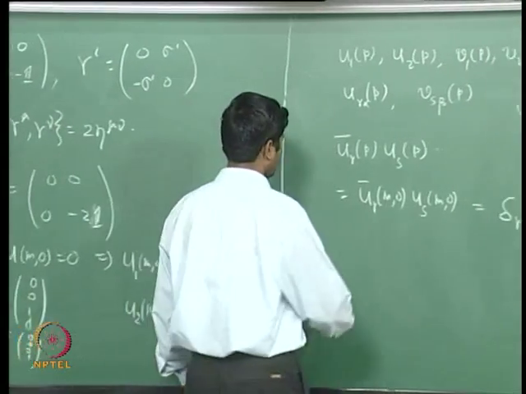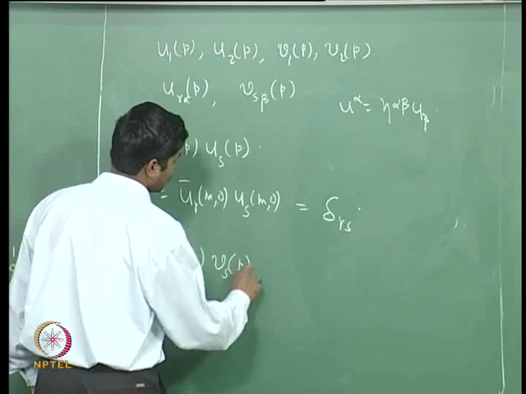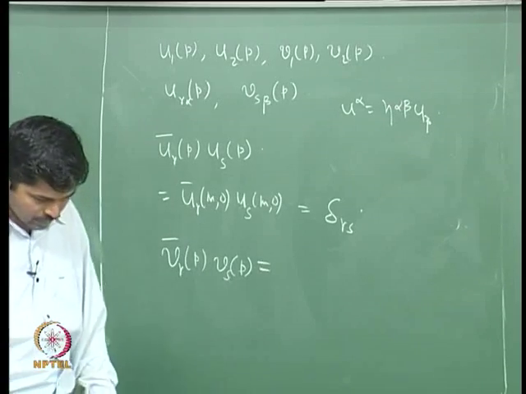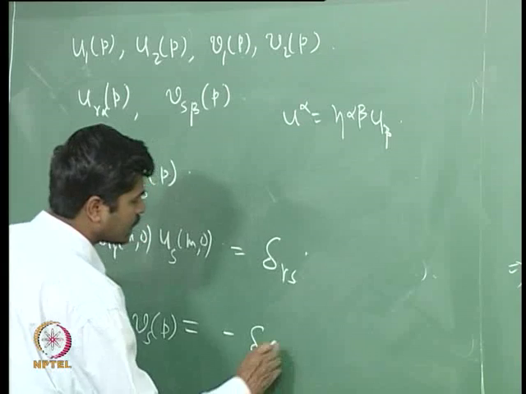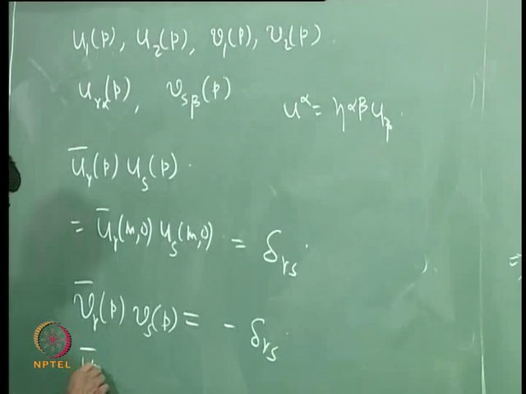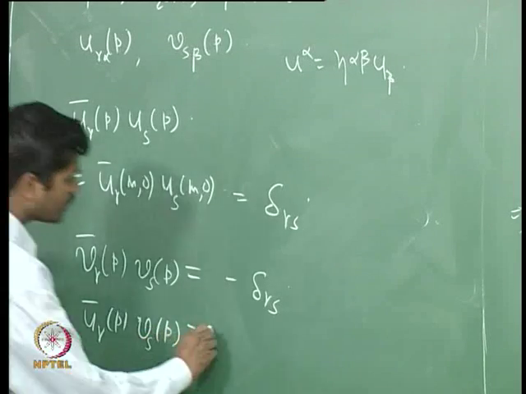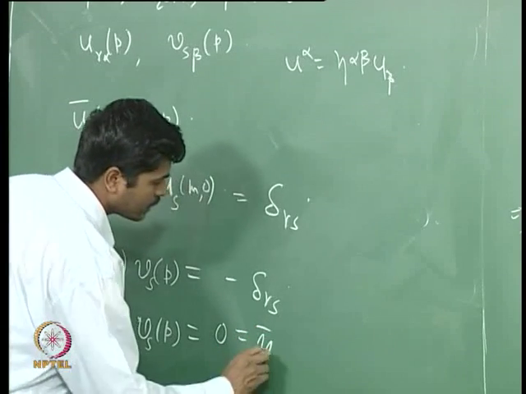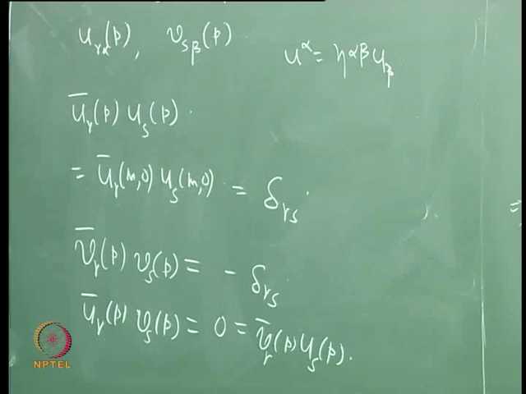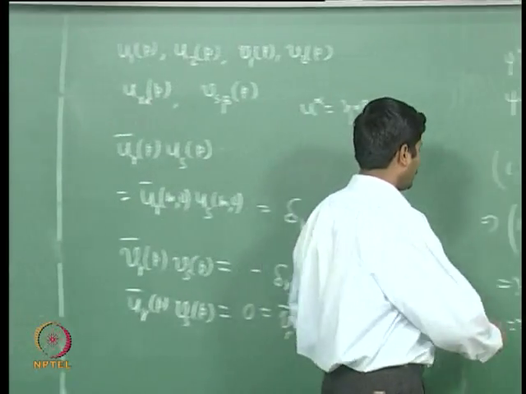Similarly, you can show that v bar r of p v s of p is equal to minus delta rs, whereas u bar r of p v s of p is equal to 0, which is also equal to v bar r of p u s of p.